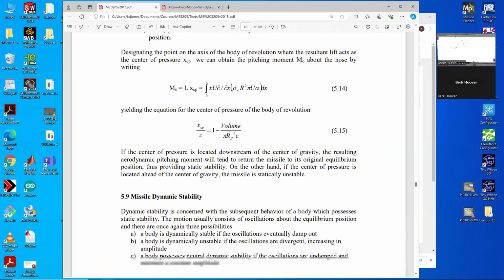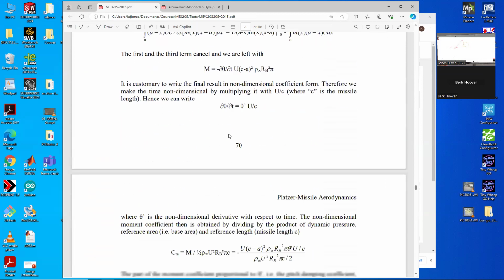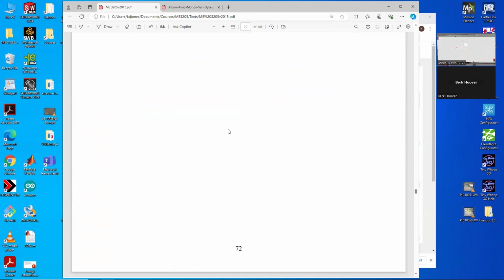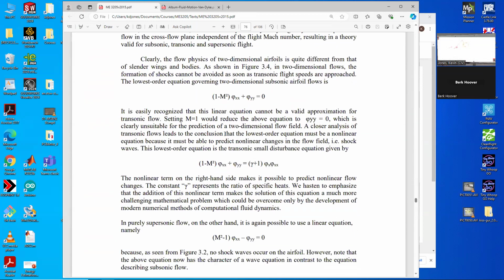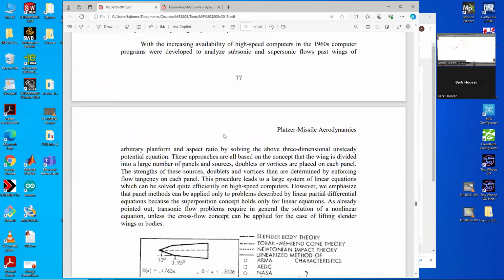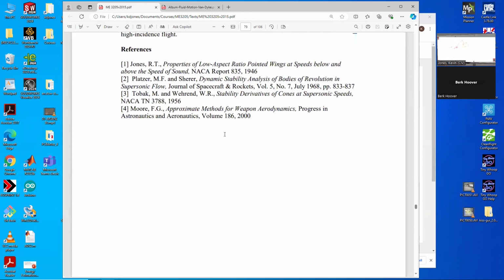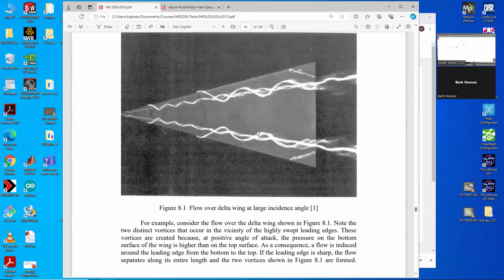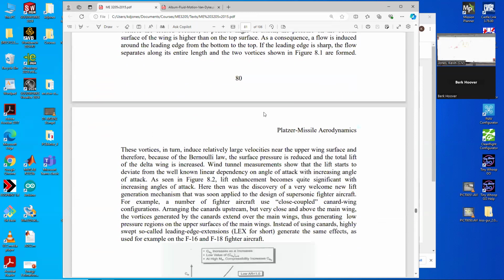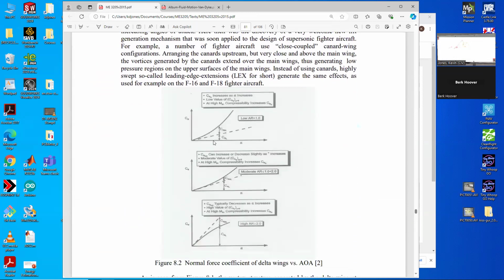Oh, I'm sorry, that's still back when we were looking at this slender body. Sure. Yeah, you can tell where that figure came from. Figures from Hasno. Yeah, here we go.